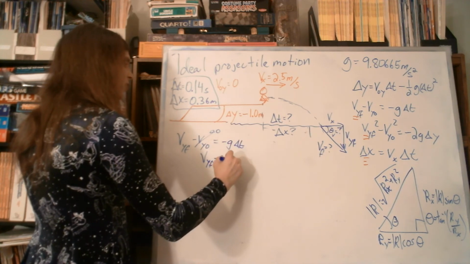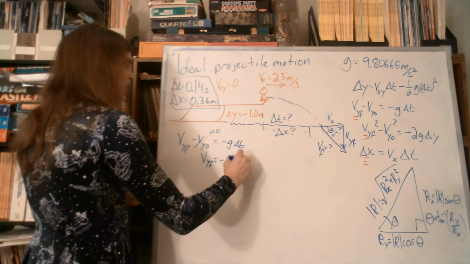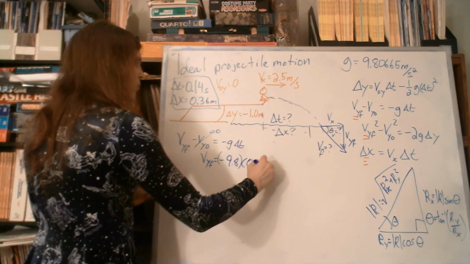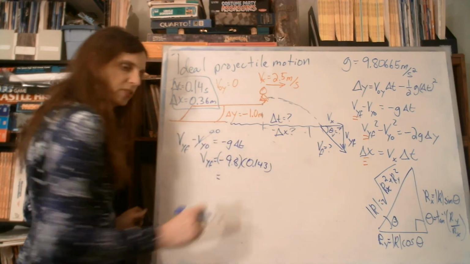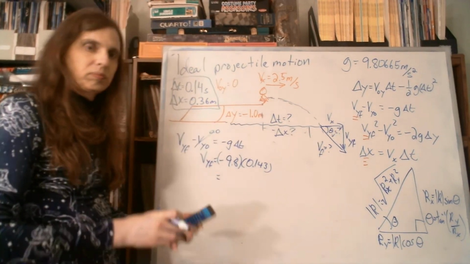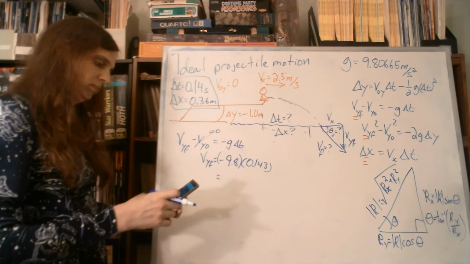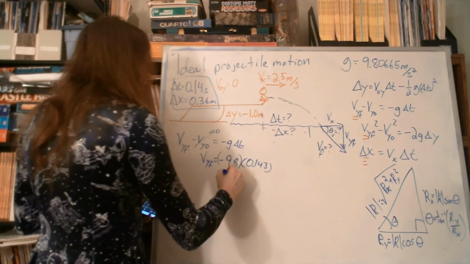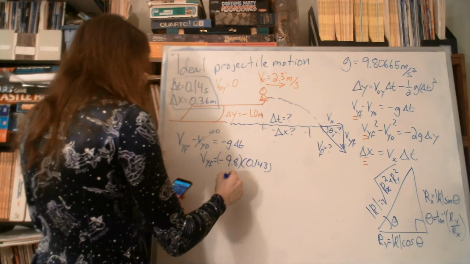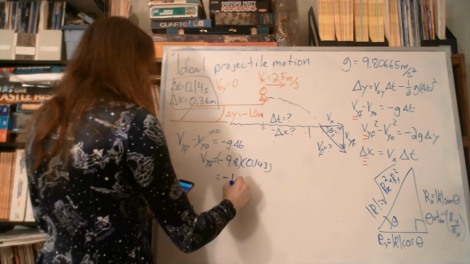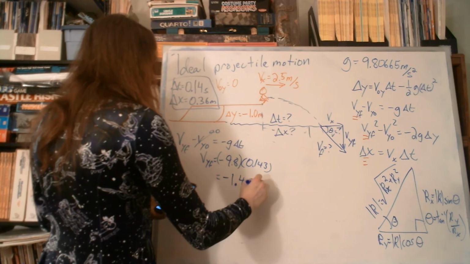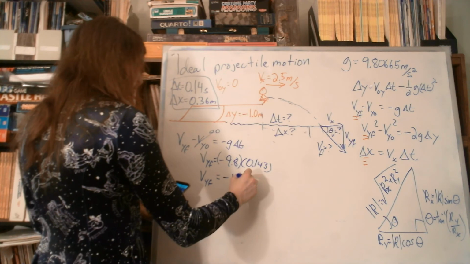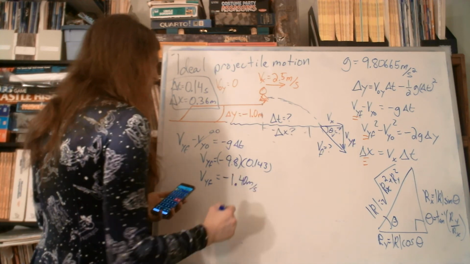Vy final is minus 9.8 times 0.143-ish. So that's about negative 1.4 meters per second. Keep that extra sig fig there, 1.40.